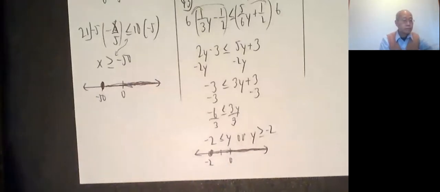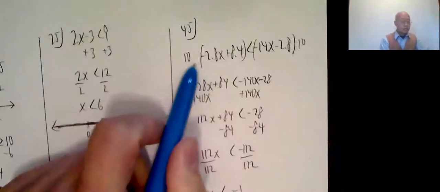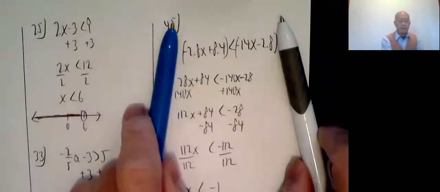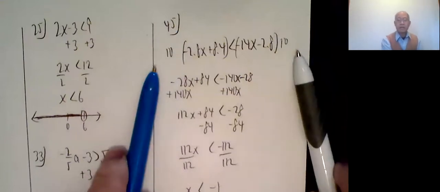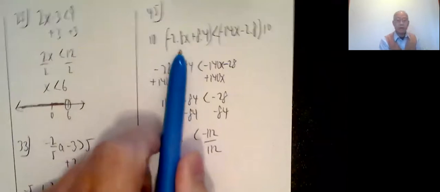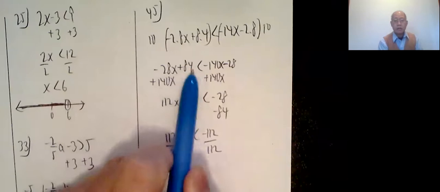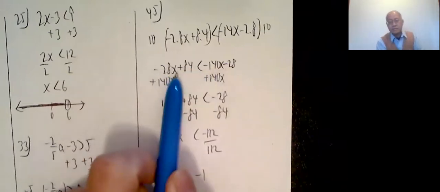Okay, then finally 45 starts off with decimals. Now, you could probably survive by leaving it with the decimals, but I'll get rid of the decimals. I'll multiply both sides by 10, and you might recall that has the effect of moving the decimals over by one spot. So move over one: negative 28x plus 84, less than negative 140x minus 28. At least there are no more decimals.